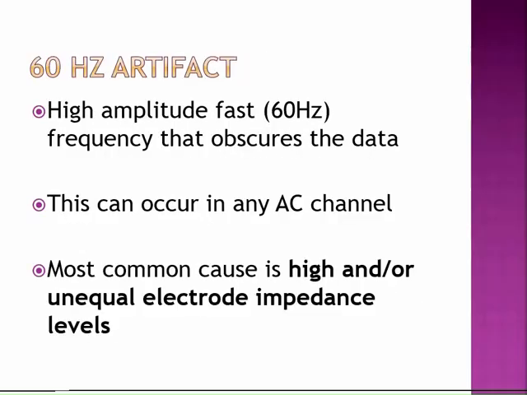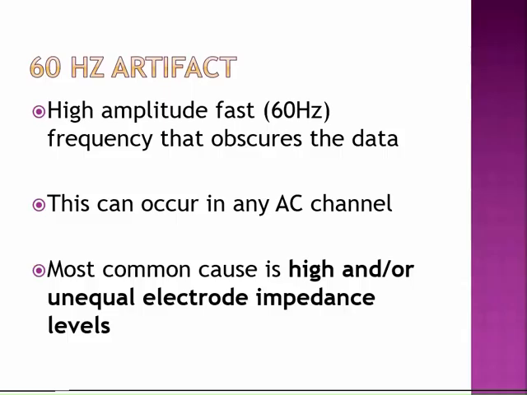And it's very fast. 60 hertz is very fast, especially when you think of the frequencies of our typical brain waves. So theta, delta, beta, alpha. Our brain waves typically come through anywhere from as low as 2 hertz to as high as 15 hertz. So the 60 hertz artifact comes through as very fast activity.